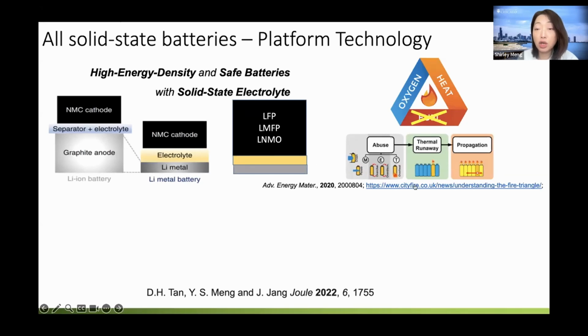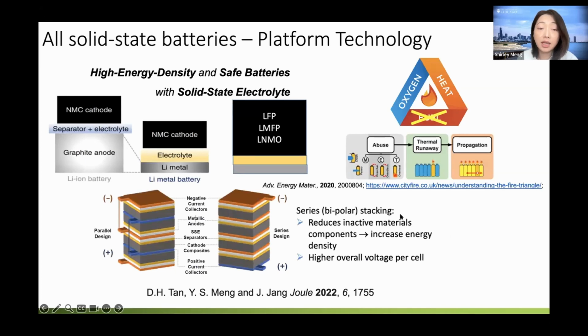So the abuse tolerance and the thermal stability of solid state is highly praised. We also introduced in our Joule perspective paper the possibility of further increasing the energy density by introducing the bipolar design. This is one of the very exciting opportunities to build 8-volt batteries, for instance.